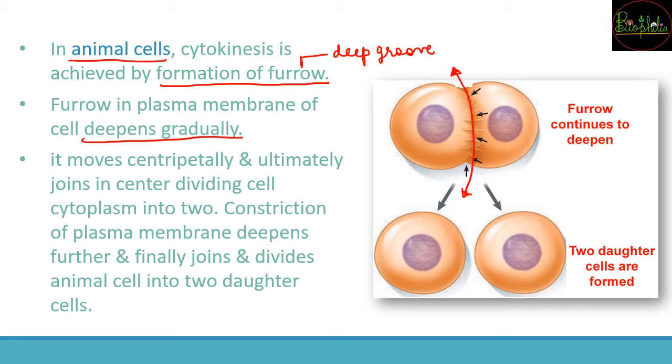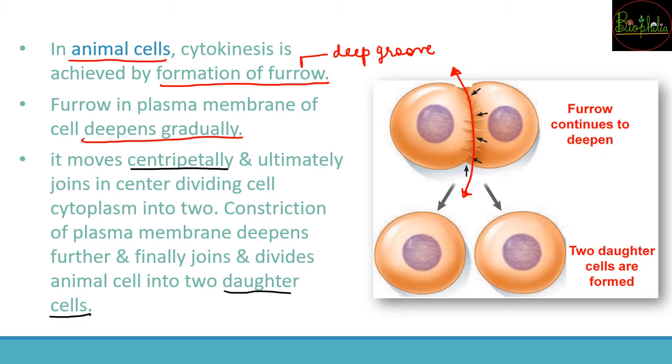So ये जो फरो होता है, ये फरो की जो ग्रोथ होती है वो कैसी होगी, it is going to occur centripetally and ultimately it will join to the plasma membrane and it will divide giving 2 new daughter cells.